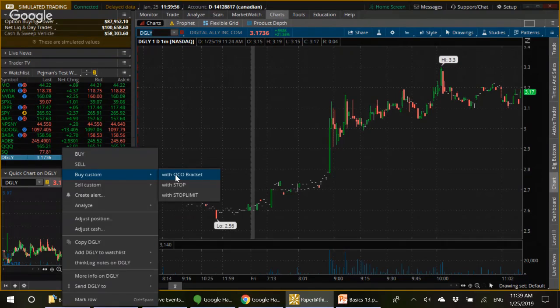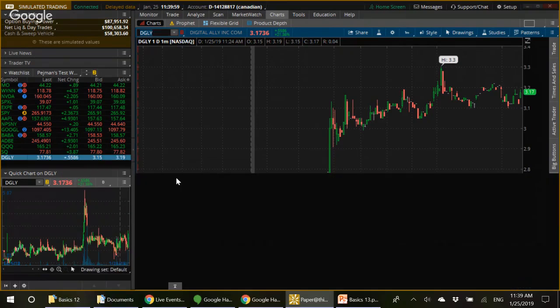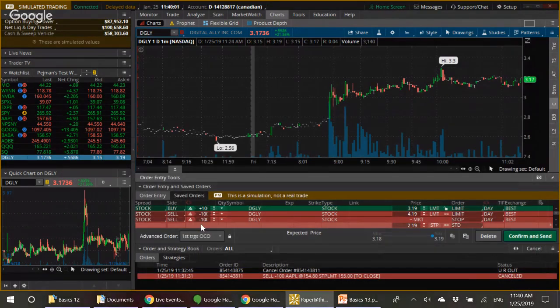One triggers another and one cancels another. You will activate this purchase. In this case, you might want to buy 200, 300, 400, but I want to buy 1,000 shares. And at the same time, once I buy it, I want to make sure I sell 1,000 as well.